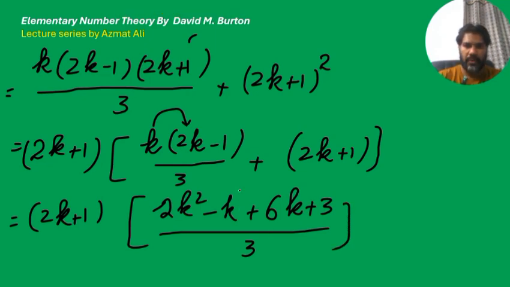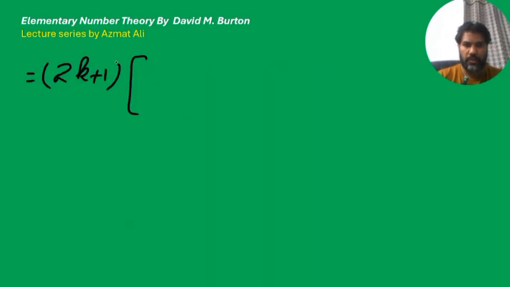Minus k plus 6k becomes 5k, and we keep the factor 2k plus 1, so this is equal to (2k plus 1) into (2k square plus 5k plus 3) over 3.